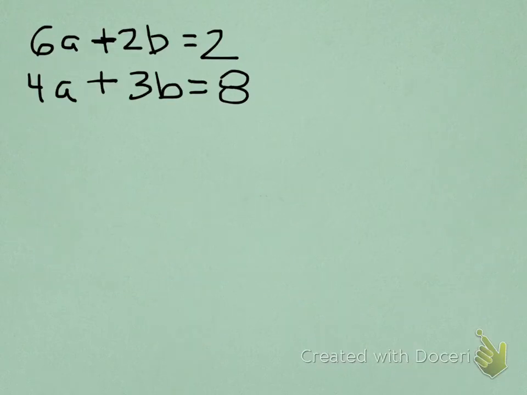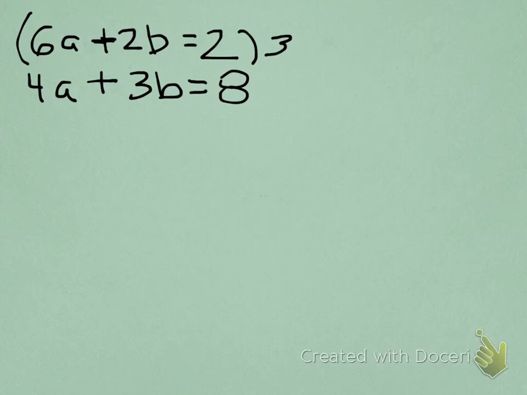Here's another one where we're going to have to take both equations and multiply to be able to get the same term and eliminate. So let's say I make the b's the same. That would make them both have to be 6.